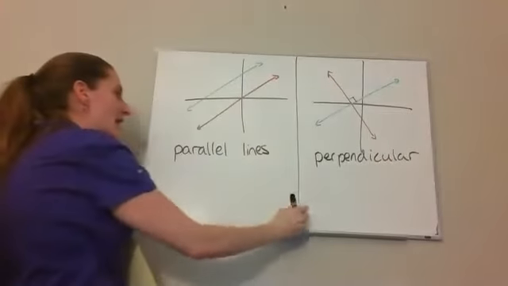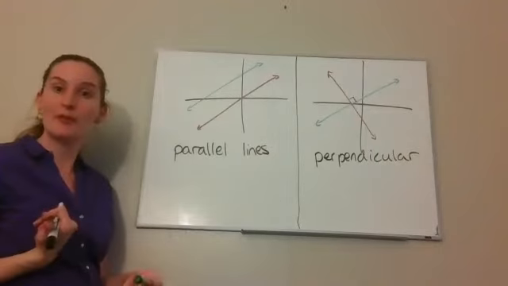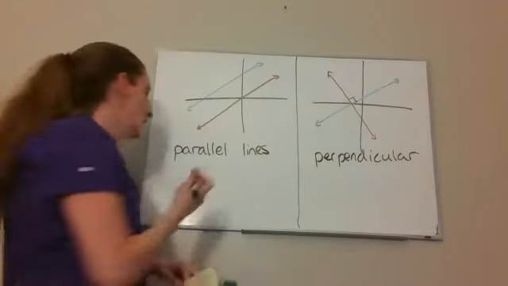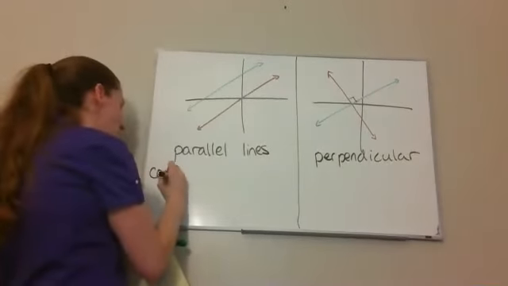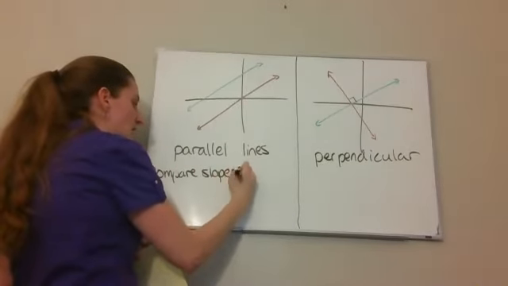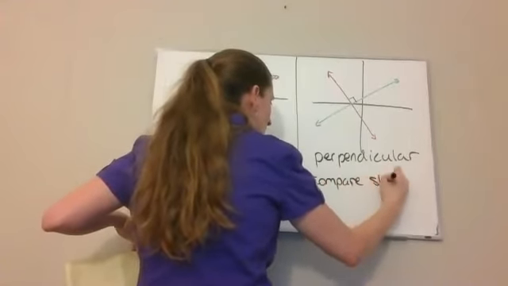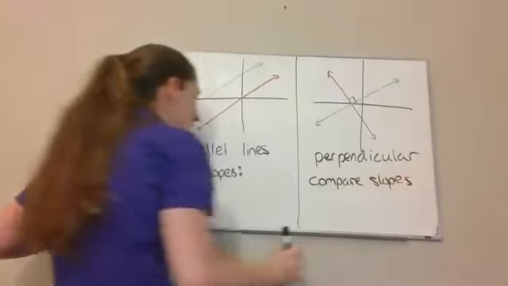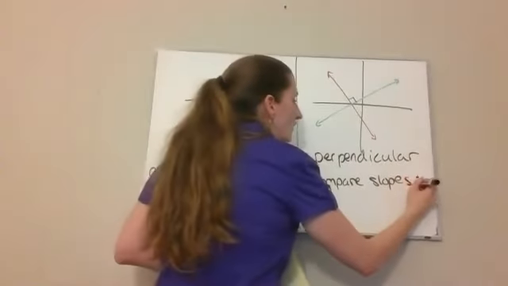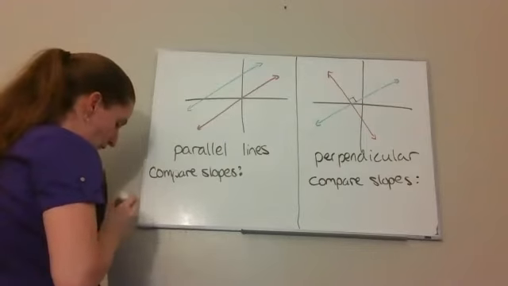Now, why do we care? Well, because parallel lines and perpendicular lines have very special properties regarding their slopes. So let's look at the slopes. We're going to do it on both of these. Let's take care of the parallel lines first.